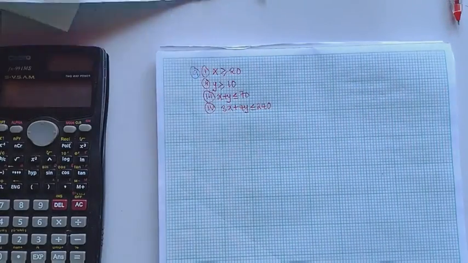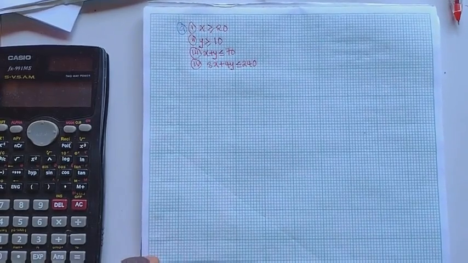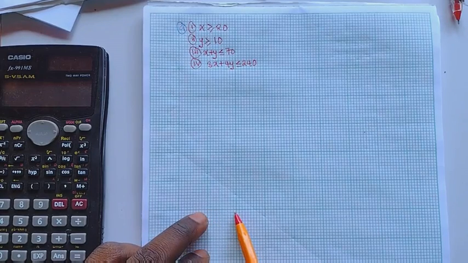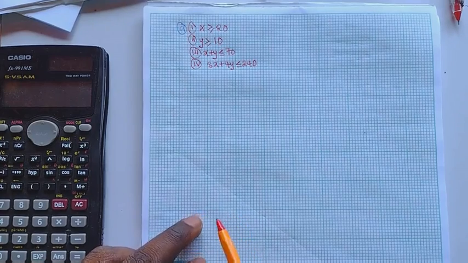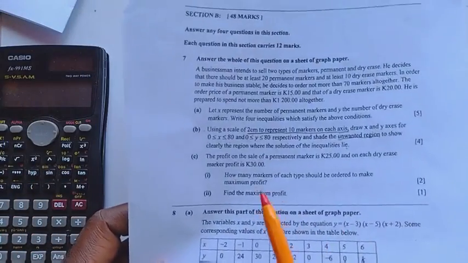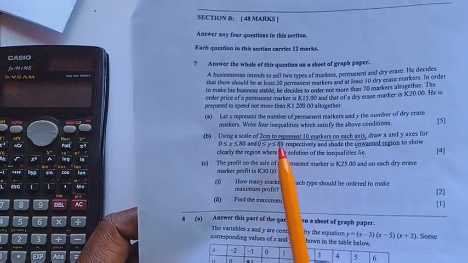Okay, so what it means is, when you look at this graph right here, the box from here to here is 2 cm. This is what they mean. So you have been given the ranges. The range they have said in the x-axis is from 0 to 80, in the y-axis 0 to 80.